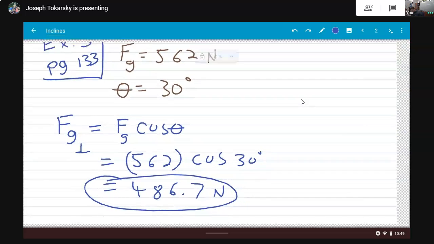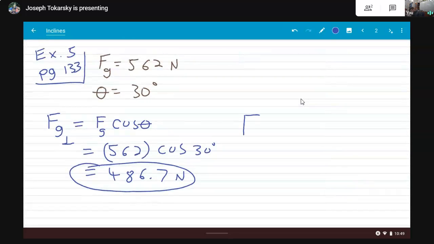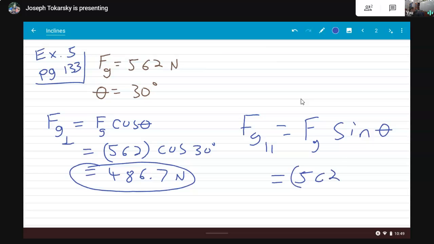We also want to find the parallel component. FG parallel is equal to the overall weight, which is 562, times the sine of the angle of inclination. So, again, just plug in the numbers. This should be very simple. Plug it in, run them, and we get exactly 281 newtons.